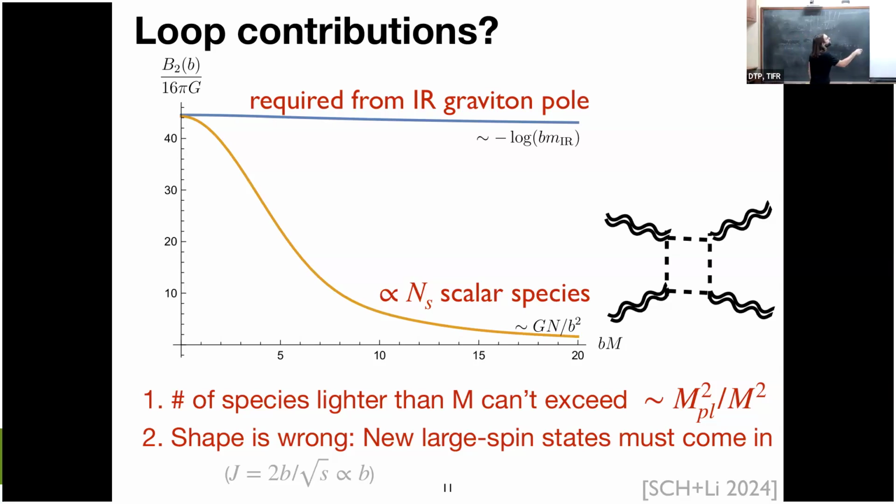The blue curve has to be the sum of everything you can calculate plus positive unknowns, so the yellow curve can never exceed the blue curve. And that gives you a bound on the number of possible scalars that you can have below any cutoff scale. And that number cannot exceed a multiple of the Planck scale squared.